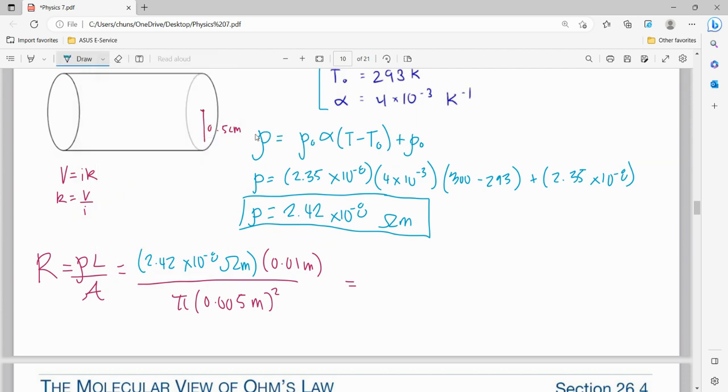So this is 2.42 times 10 to the negative 8 times 0.01 divided by pi times 0.005 squared. And this is 3.081 times 10 to the negative 6 ohms of resistivity.